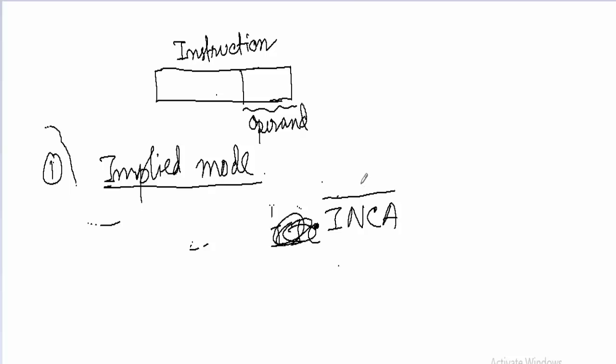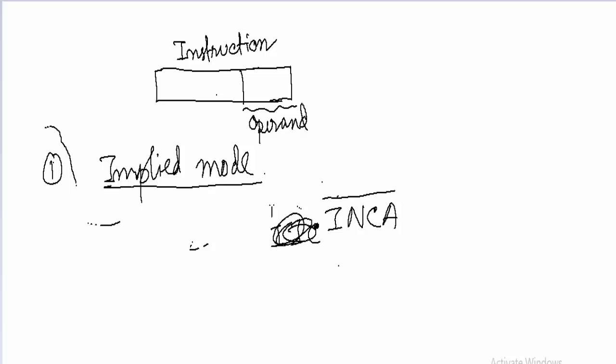We know the opcode tells what to do with this instruction, so we need not give any operand here in the implied mode, because we can understand that this instruction is telling us to increment the accumulator value by 1.